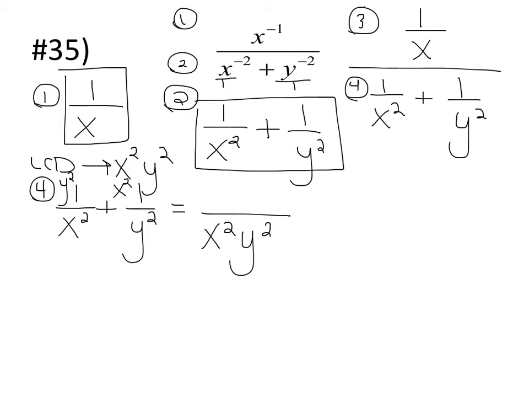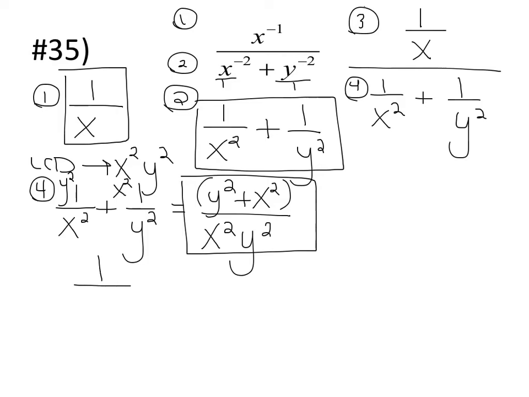Okay? So 1 times y squared is y squared, and 1 times x squared is x squared. So my new denominator is y squared plus x squared over x squared y squared. Okay, so now I need to rewrite my entire fraction.